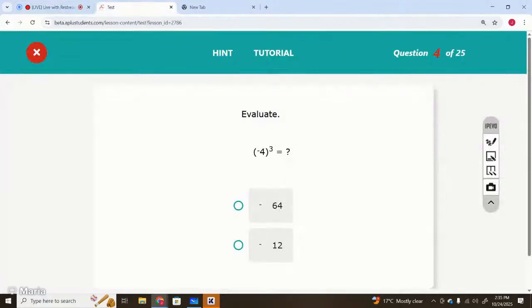4 is in the bracket. That means you have to evaluate the cube of negative 4.